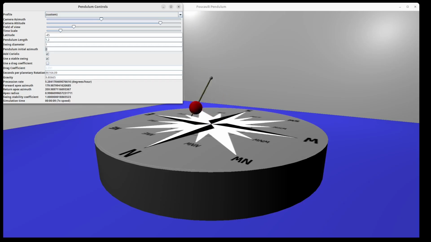You can choose a different initial azimuth, so you can say I want it to start from due south and then it'll swing north, or you can say I want it to start due west and head towards the east. You can turn Coriolis on or off.